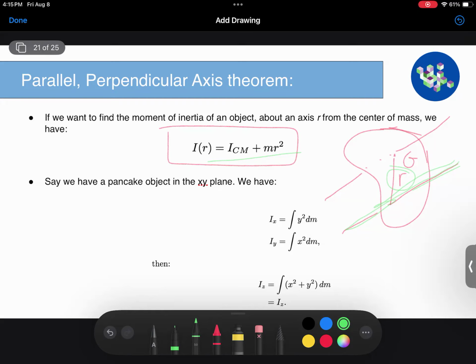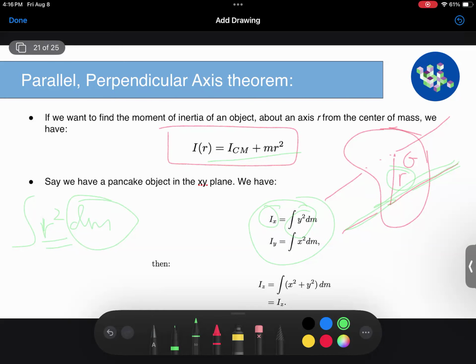A bit less useful theorem, but it can still be pretty useful. If you have a pancake object, say in the xy plane, so it's a flat object, then Ix equals the integral of y squared dm, and Iy equals the integral of x squared dm. You might be wondering, why are we integrating y squared and not x squared for Ix? Well, remember, moment of inertia is the integral of r squared dm, where r is the distance from the infinitesimal mass we're looking at to the axis.